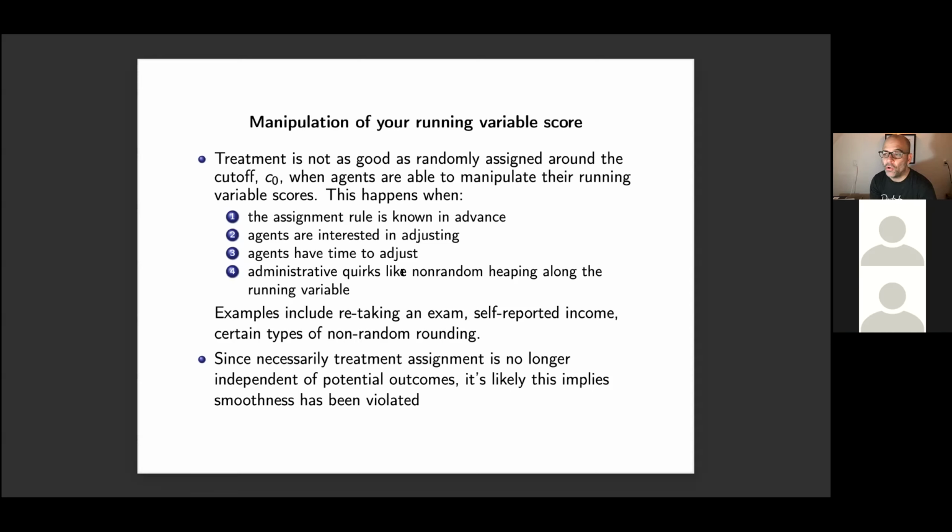If it's known ahead of time, then you might use it strategically if you're interested in getting into the treatment and if you have time to adjust. So if you know the rule, you might take advantage of it by changing your behavior, so long as you want to be in the treatment, and you have enough time and resources to change your running variable score.